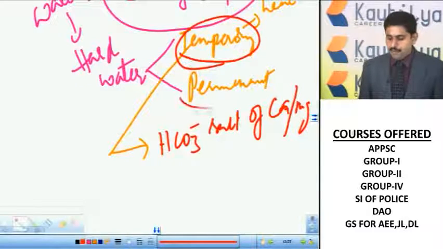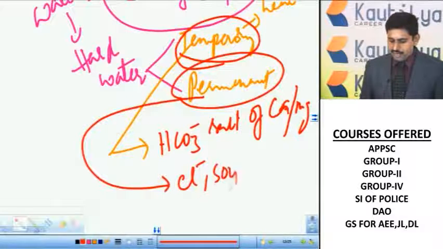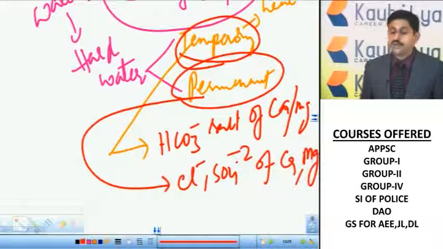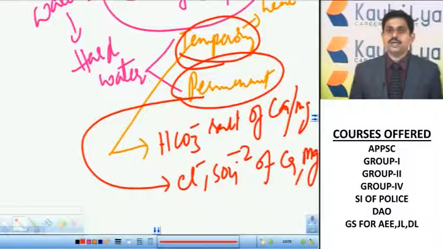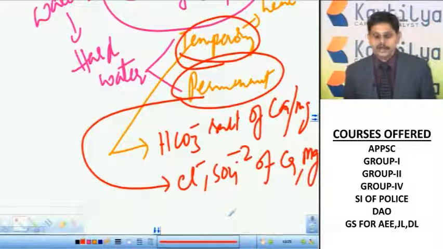Whereas permanent hardness means the given water is made up of chlorides and sulfates of calcium and magnesium; such water is called permanent hard water. The hardness of this water cannot be removed by simple boiling or heating.